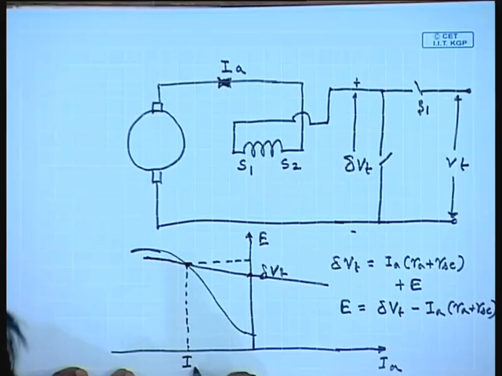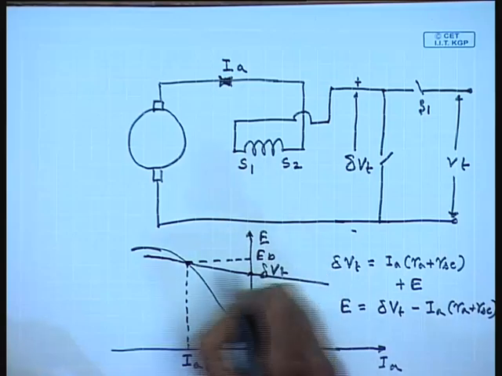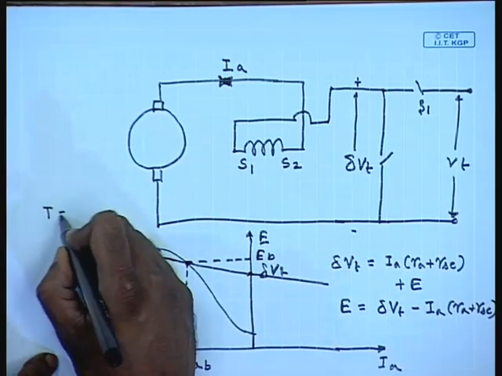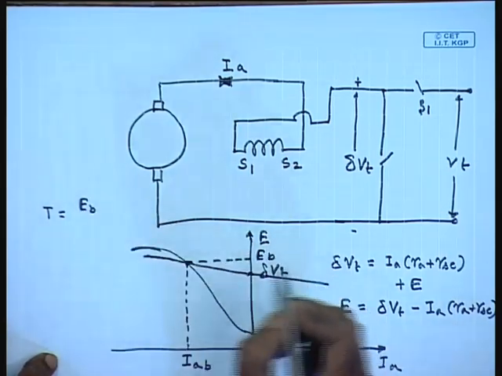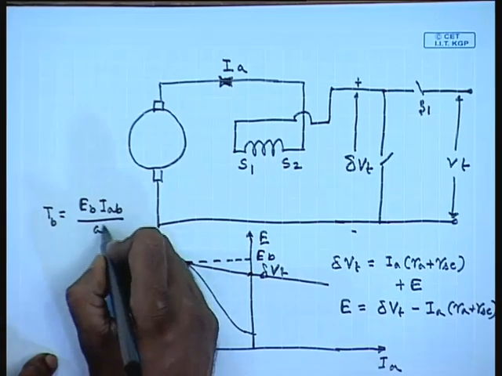So, you get an operating point at which the series motor will operate, and the braking torque will be E b I a b by omega.